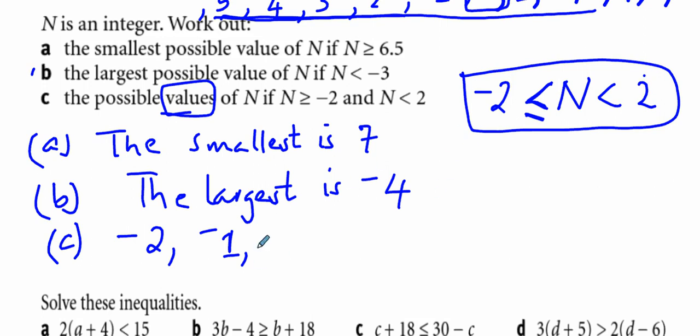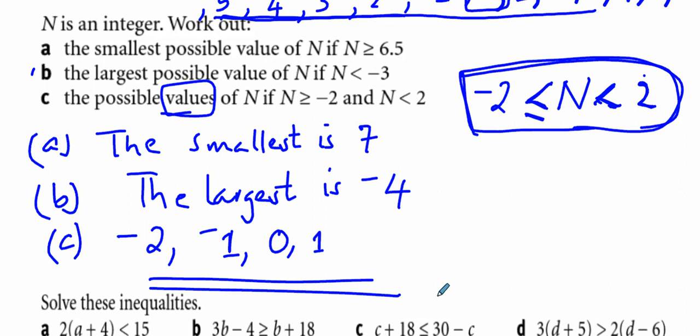So -2, -1, 0, 1, and 2. But notice that this is less than 2, but not less than or equal to 2, so 2 will be omitted from our list. The integers within this interval are -2, -1, 0, and 1. See the set of values.